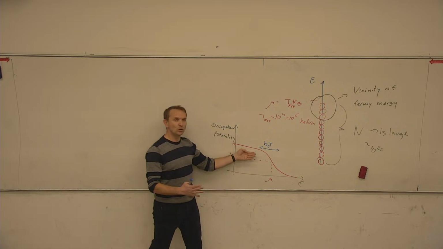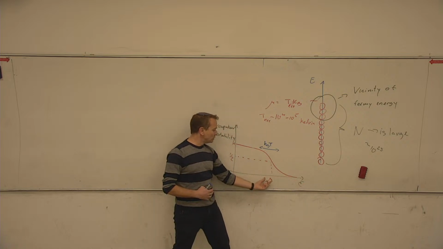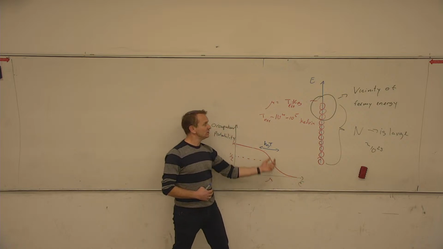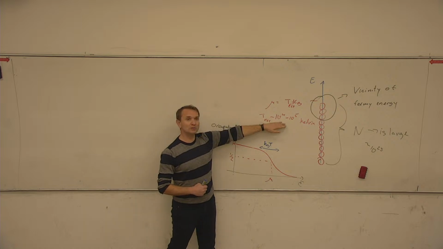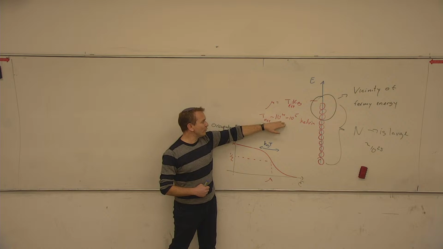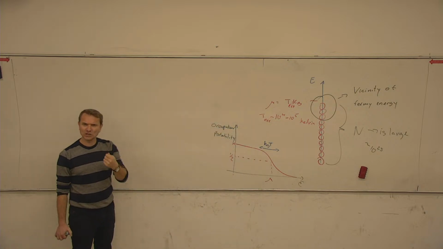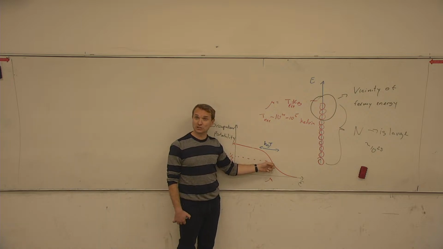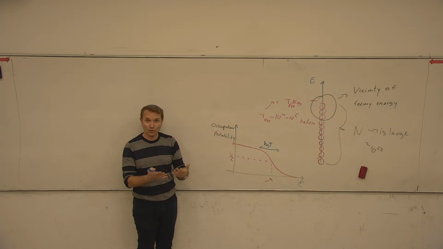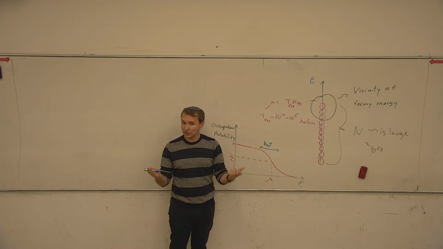Any other states do not contribute because they are always occupied or always unoccupied. So those states have energies, kinetic energies, no potential energy, which is extremely large. 10 to the 4 or 10 to the 5 Kelvin. Now, if I add some interactions, it will add potential energy. So far, I only had kinetic energy. I will add interactions, I will add potential energy.